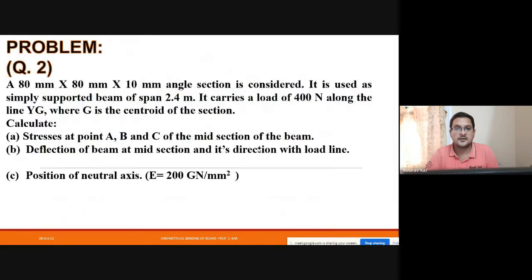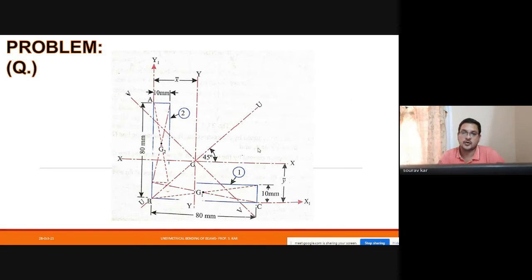Now we will come to this problem. It's a very good problem. This type of question will come, so please take this down. All of you take this down. After you have copied, you have to copy this diagram also.